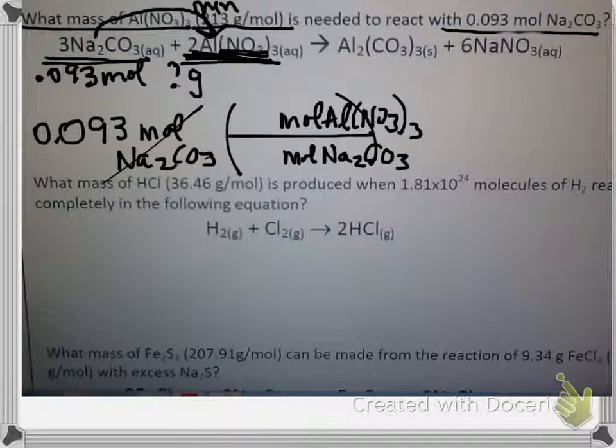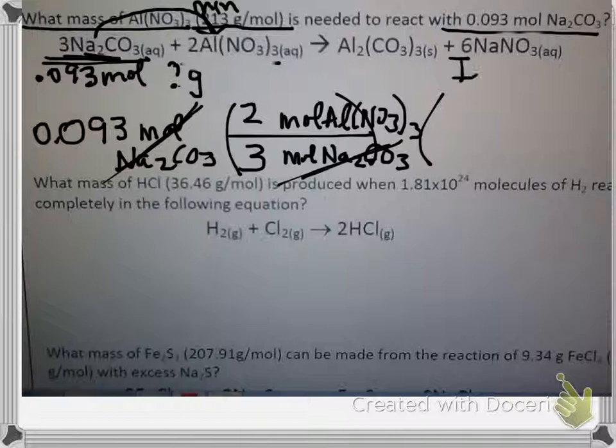Let's put in the numbers. It says for every 3 sodium carbonates, and that's on bottom, I need 2 aluminum nitrates. So I'm going to put my 2 on top there. So we didn't need to go into the mole, but we did a mole-to-mole to convert to aluminum nitrate.